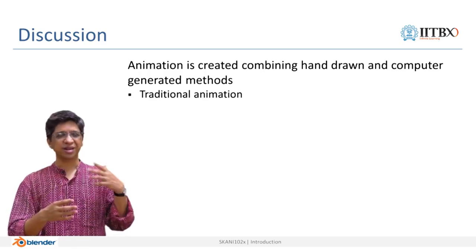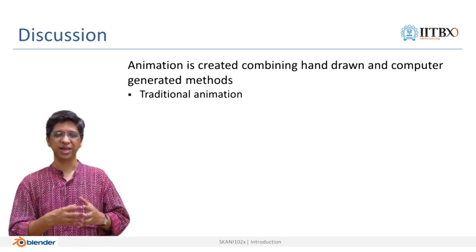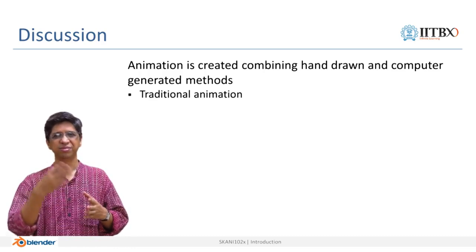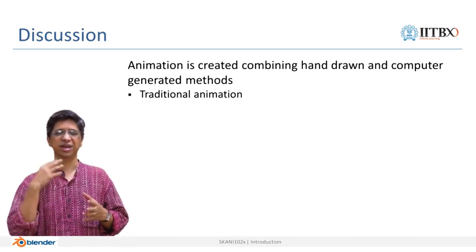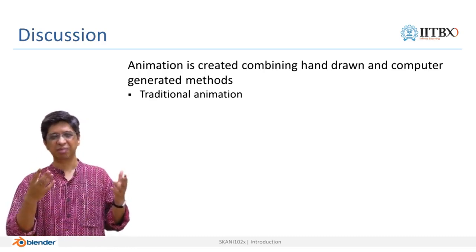Animation started with what is called traditional cel animation, and you have instances of movies and TV serials, n number of them. Actually I do not even have to list them, everybody knows about it, but not many people will know that the first generation of animation was drawn entirely by hand and shot with a camera which was kept overhead, and frame by frame each of these drawings was shot using that camera.